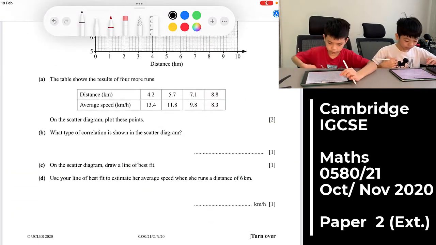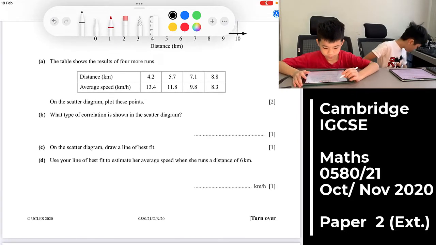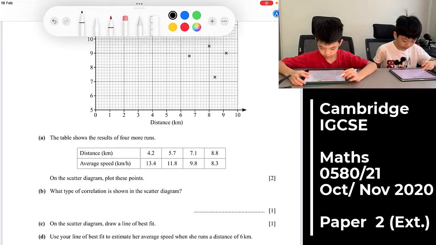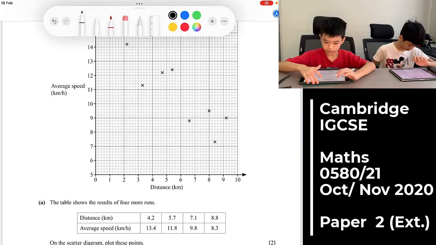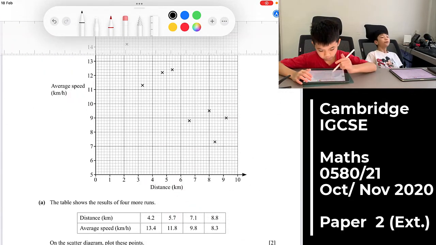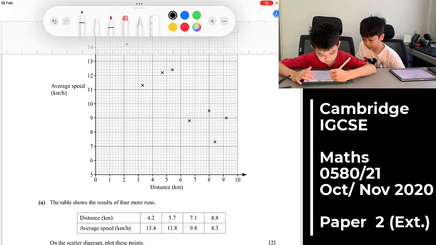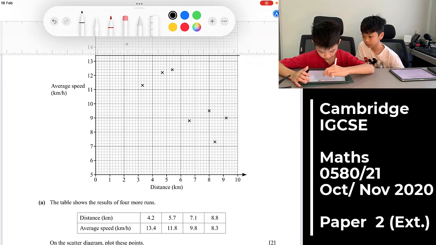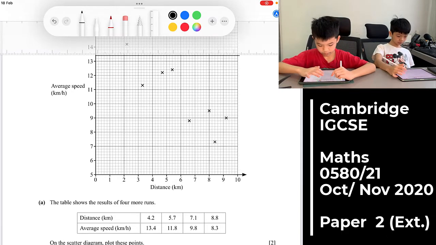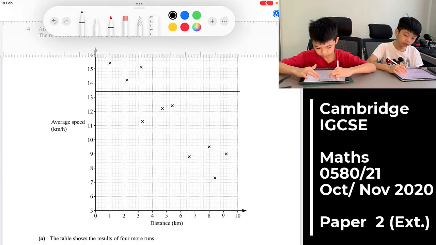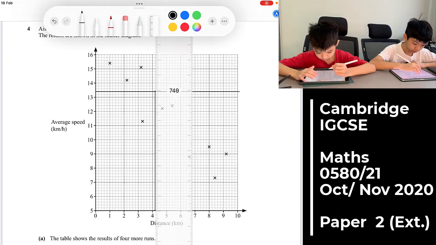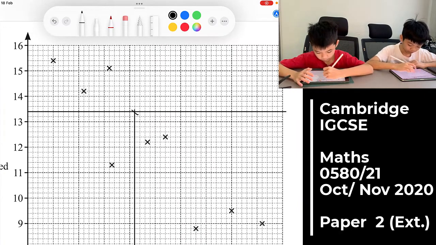Okay, question 4a. The table shows the results of 4 more runs. On the scatter diagram, plot these points. Okay, so average speed 13.4, and then 4.2. So the first point would be over here.